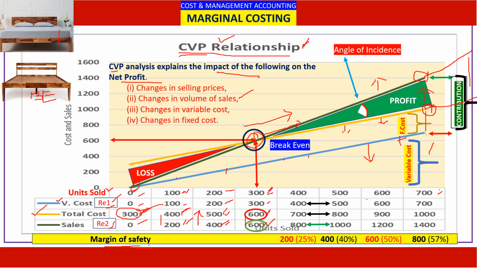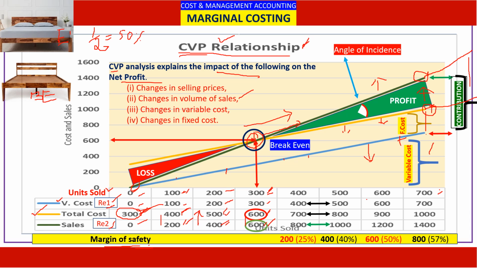The total height of the bed is, say, 2 feet. And if the mattress is 1 feet, means I have got a mattress of 1 feet in a total of 2, means my margin of safety is 50%. Means, what does it mean? I will be safe till I break even.